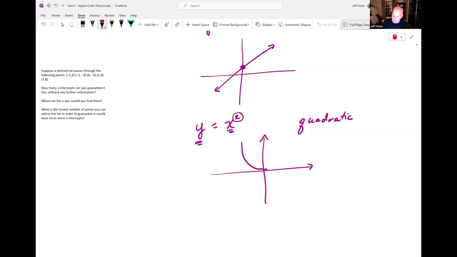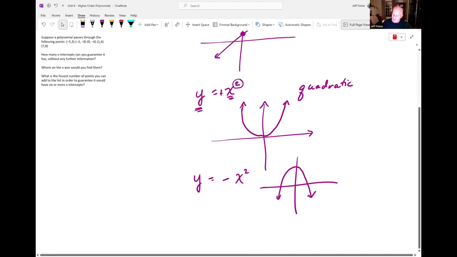We call it a parabola, but it's really just a U shape. If the number in front of the x squared is positive, then it opens up. But if the number in front of the x squared is negative, then it opens down. It's an upside down U.